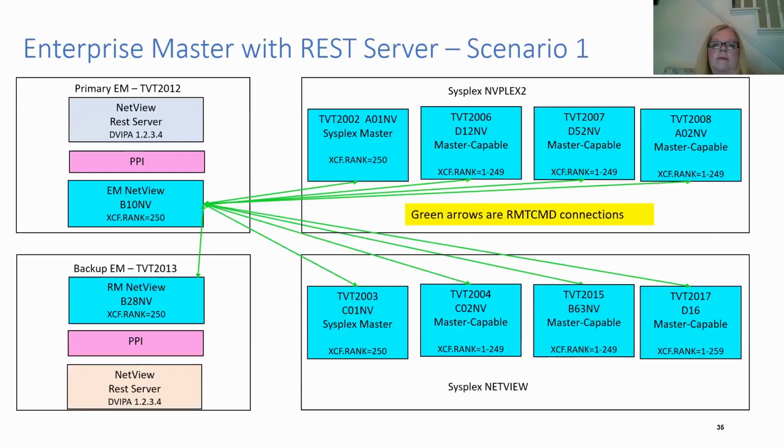Okay, so let's talk about an enterprise master environment here. Scenario 1 is where your enterprise master is actually out here as a monoplex or local system. And you're going to configure statements to this enterprise master NetView program, which I'll show you what you need to configure shortly.